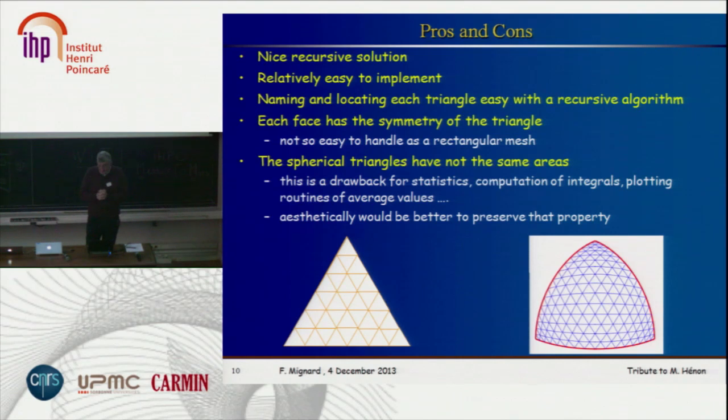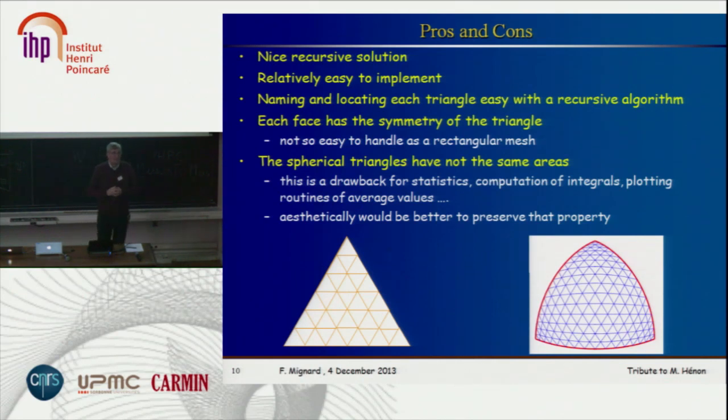Each face has the same symmetry, because it is a triangle, but it is not so easy to handle as a rectangular or quadrangular mesh. Anyway, my main complaint about HTM is that the spherical triangles do not have the same area. That's a big inconvenience.